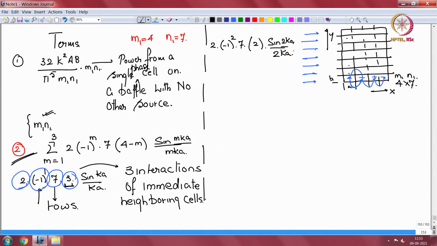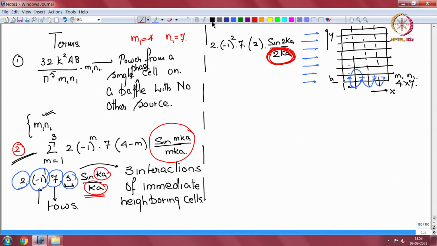So in a sense this is actually the actual interaction term. You can see that as m increases, m was 1, so Ka over Ka, this diminishes, because sine has a peak value of 1. Now here it is 2 Ka, so the distance is now more, so interaction effect is less.